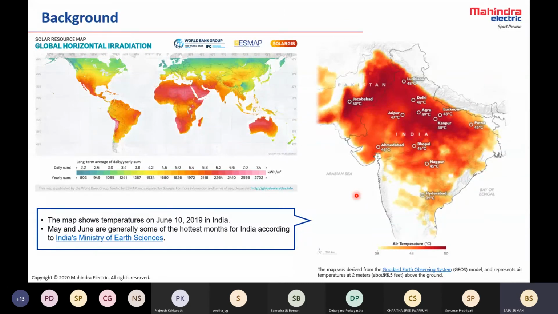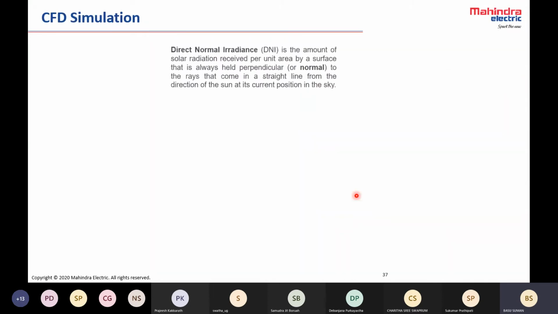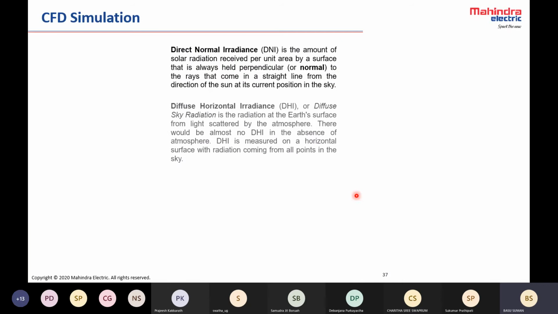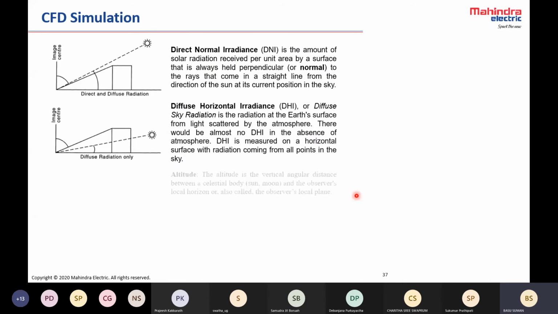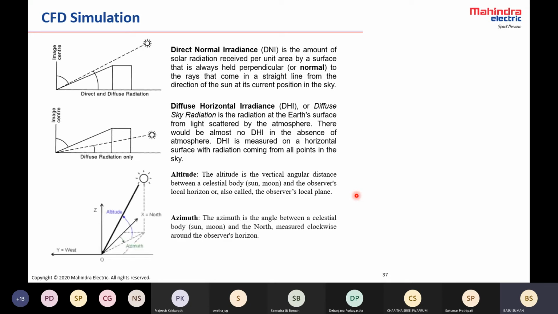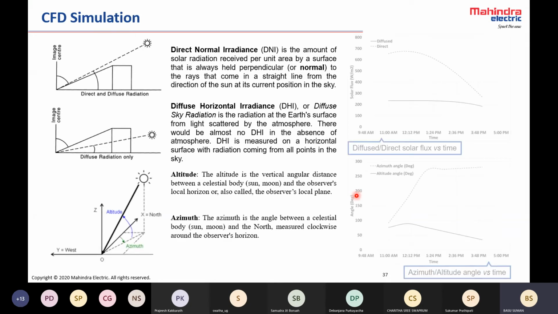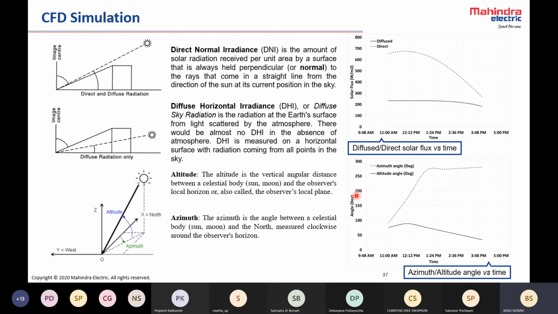So what do we do? We did CFD simulation. We did the full radiation simulation for that. We considered all these effects of normal irradiation, horizontal irradiance, and altitude, azimuth, everything. So considering all of that, what we got is a result like this.